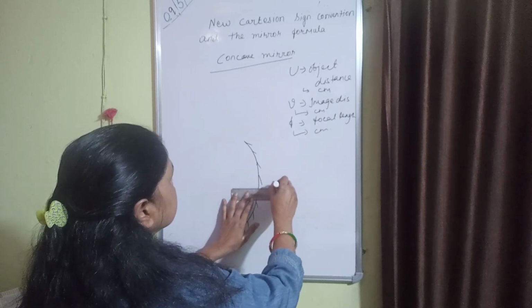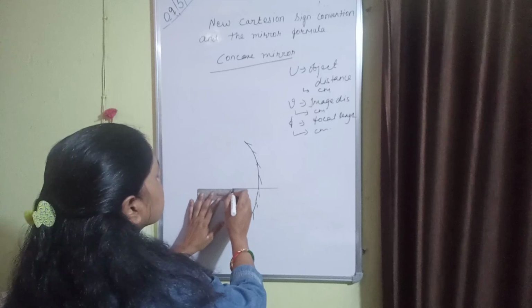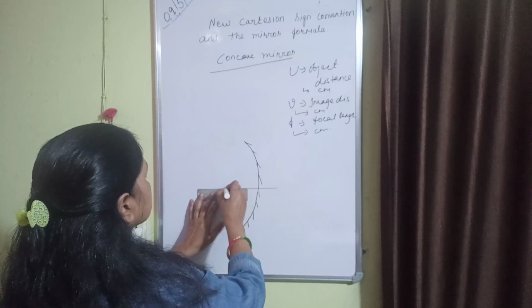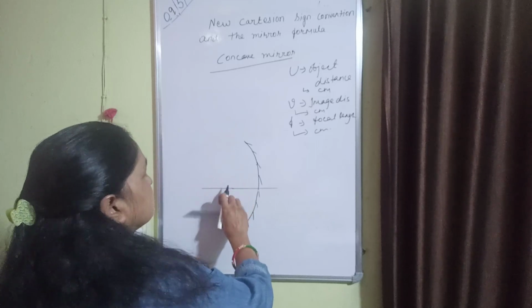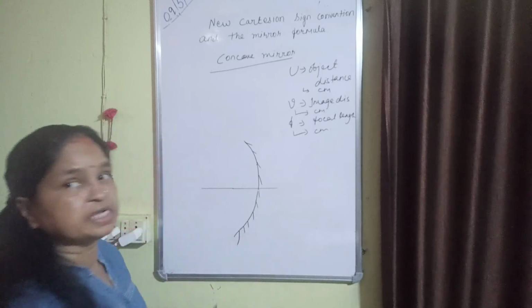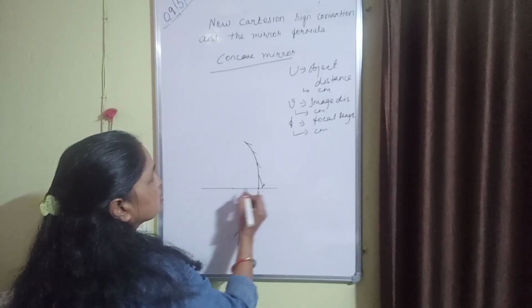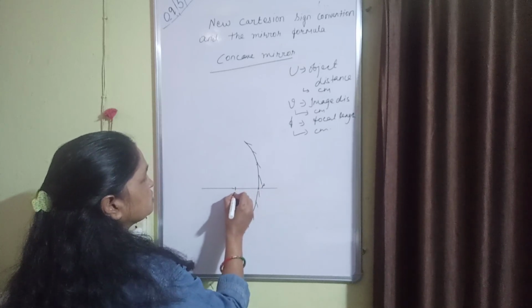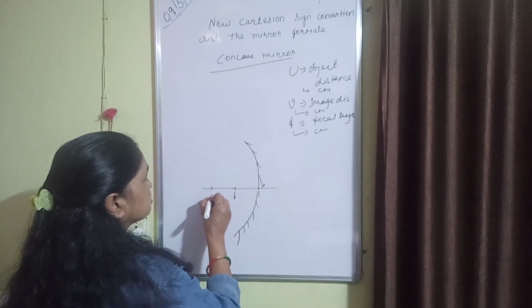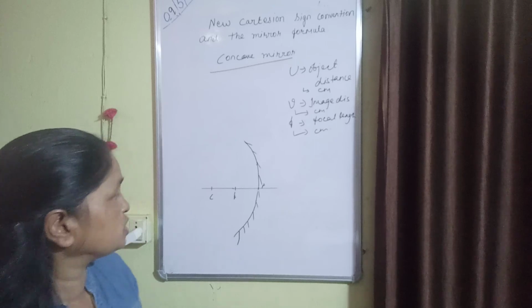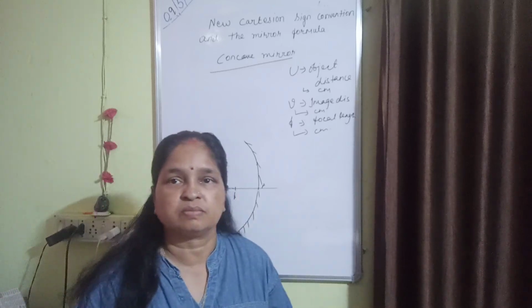This is principal axis. Focus and center of curvature, I think you have understood how to take it. Again I am repeating this one. Whatever distance from pole to focus, same distance from focus to center of curvature. So whenever you draw, please measure it.